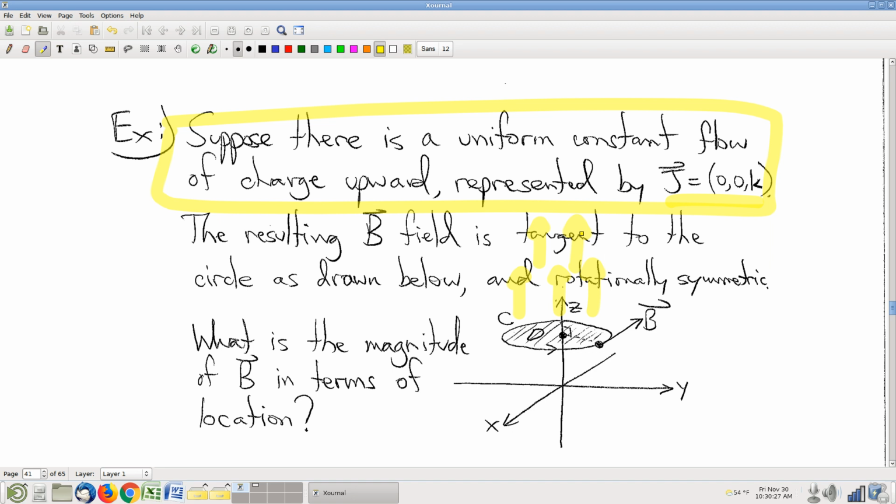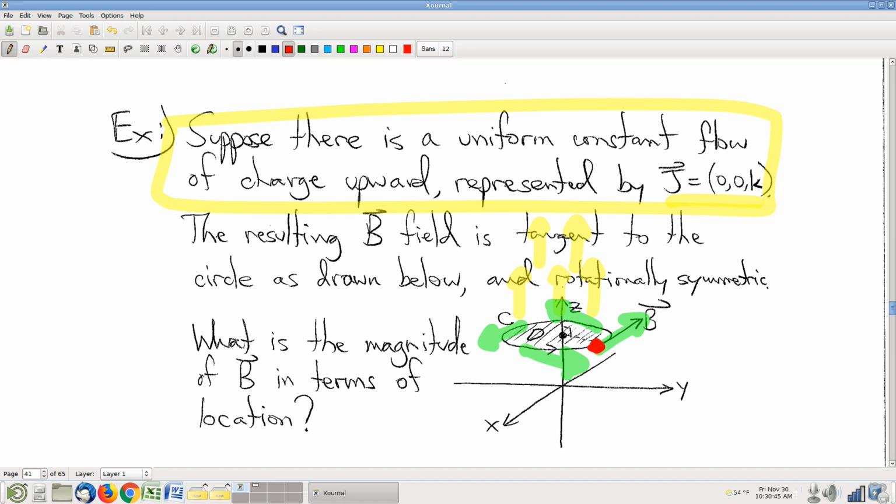Now we remember that the B field goes around. Details aside, I'm going to make this assertion: wherever you might be interested in looking, let's look at this point right here.